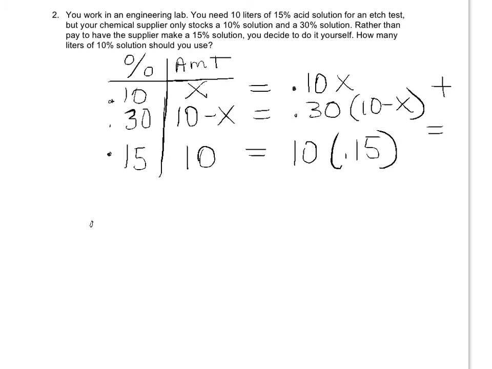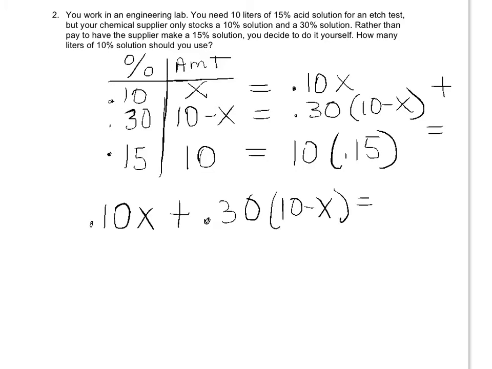So we're going to go part 10% plus part 30% is going to be equal to a total of 15%, 10 liters of a 15% solution. And even the words 10 liters of should tell us 10 times, okay?